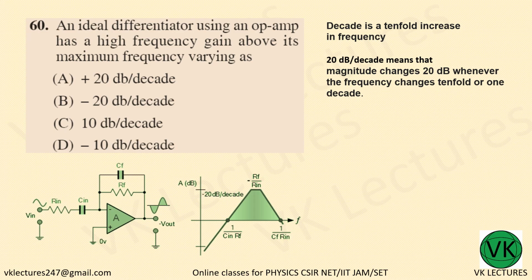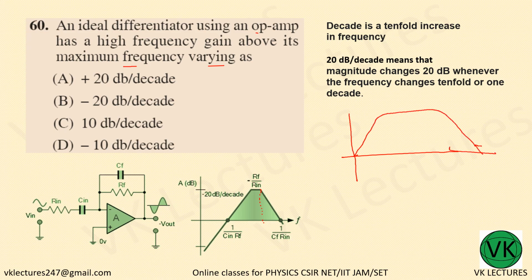An ideal differentiator using an op-amp has a high frequency gain above its maximum frequency, varying as. Now above its maximum frequency means somewhere here is its maximum frequency. When you see the frequency response curve, somewhere here it increases and it becomes constant and then comes down, right?